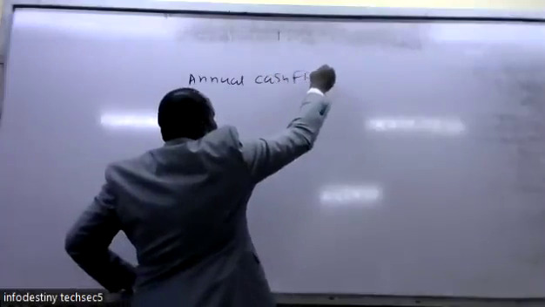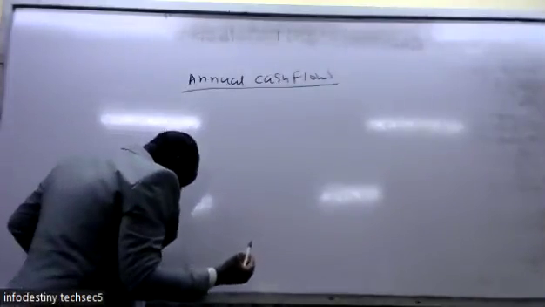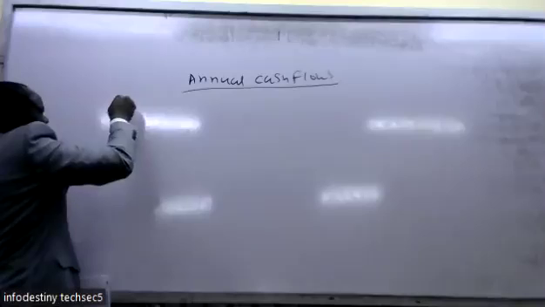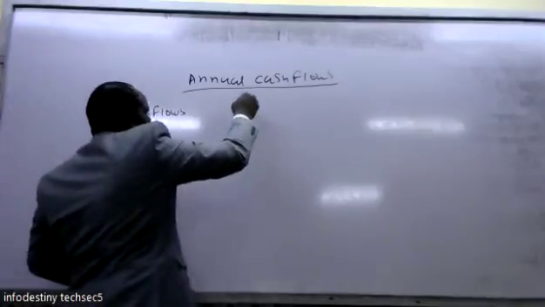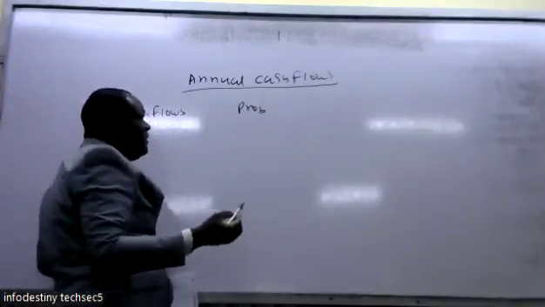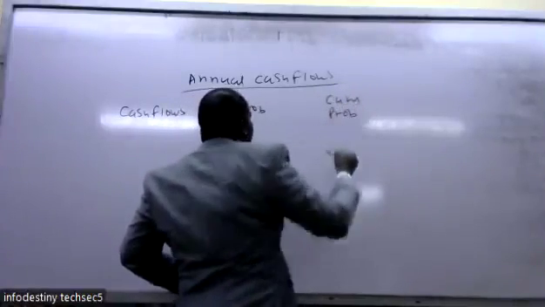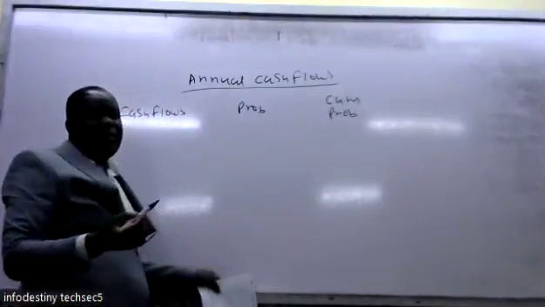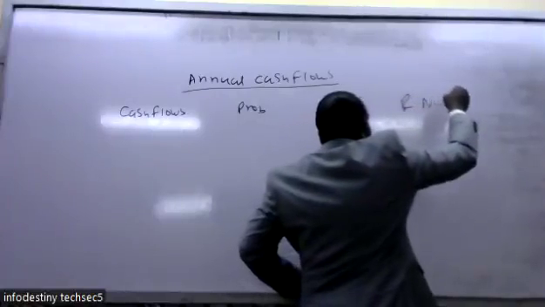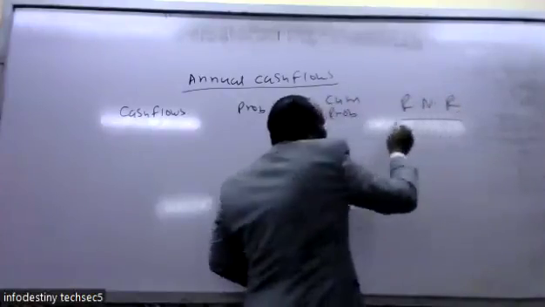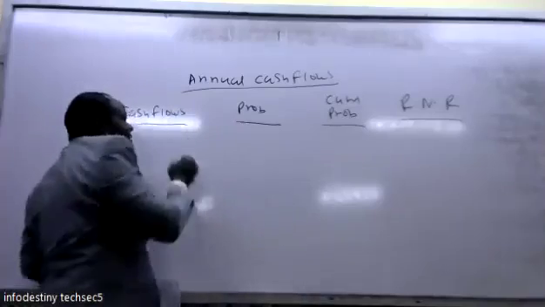For that item, we shall be having the cash flows, then the probability, then also the cumulative probability, then also the random number range.